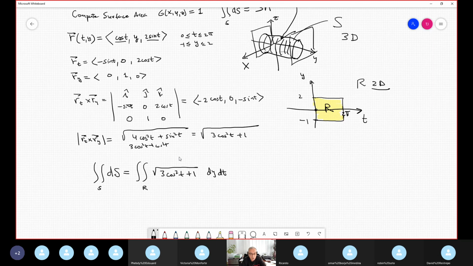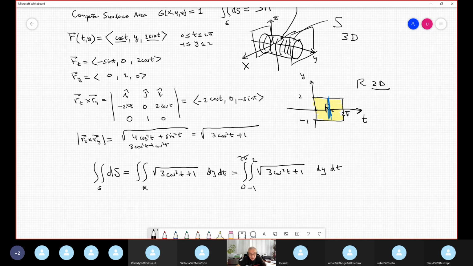What about the limits? Well, wait, let me copy again. Double integral. The integrand function is the square root of 3 cosine squared T plus 1. I assume dy dt, in this order. So I integrate in this direction, like a double integral. It is from -1 to 2, and this is from 0 to pi. Bang!